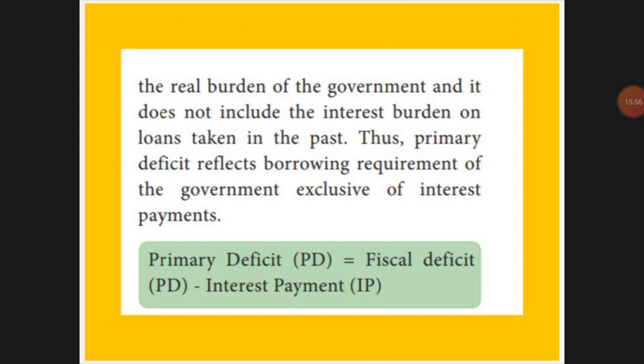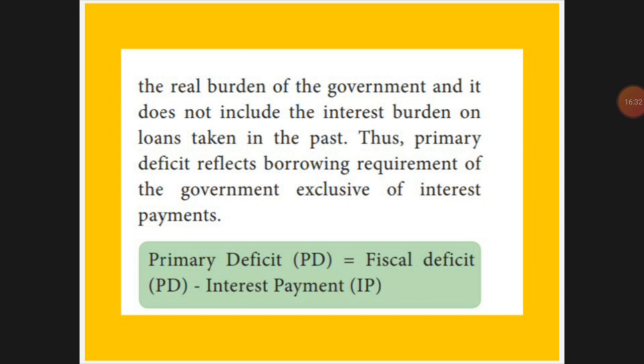Only the present year's interest can be paid, not the past years' interest. So the borrowing of a government should exclude interest payment. Whatever borrowings or loans they make, the government has to pay interest, and that can also be included in the primary deficit.